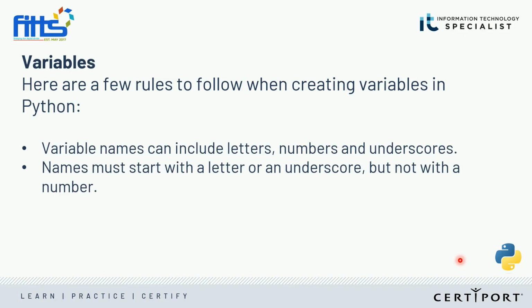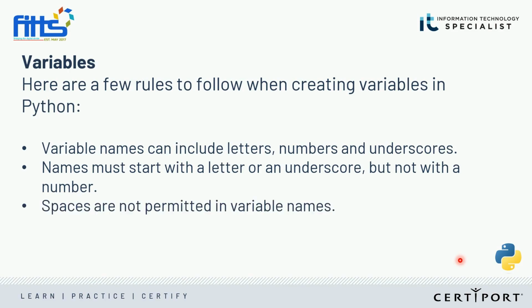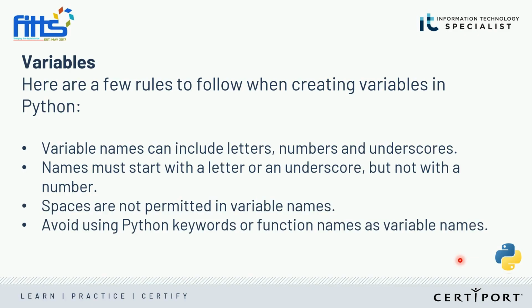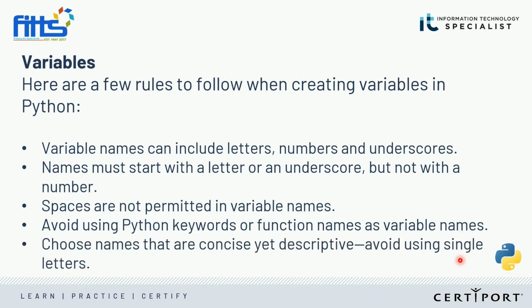And names must start with a letter or an underscore, not with a number. Spaces are not permitted in variable names, and avoid using Python keywords or function names as variable names. As you progress, you will get to identify what some of the Python keywords and function names are. So as we do that, you'll get to know them. Just don't worry about that.